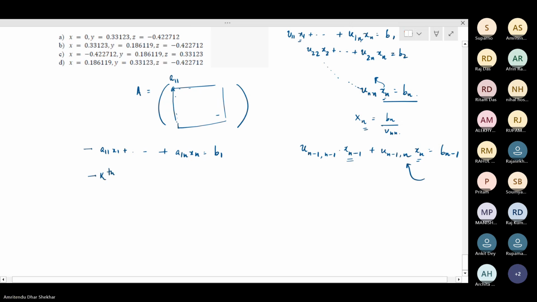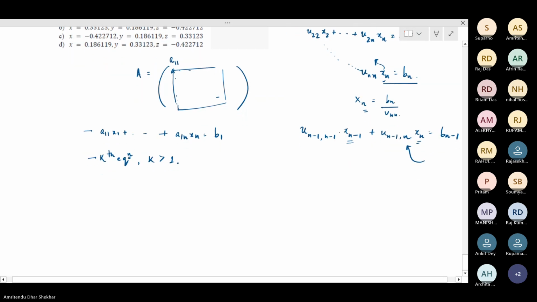For the kth equation, where k is of course greater than 1, if you write the first equation as equation 1 and the kth equation as equation k, then you get an alternative system where you replace the kth equation with a new equation, which is equation k minus ak1 by a11 times the first equation.